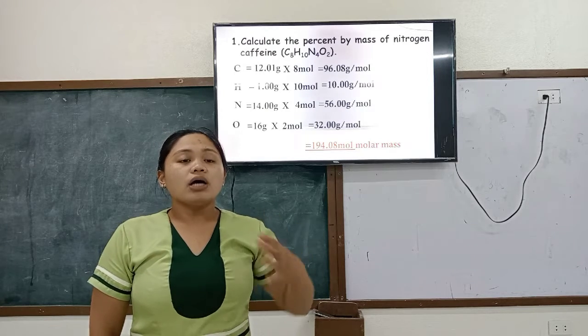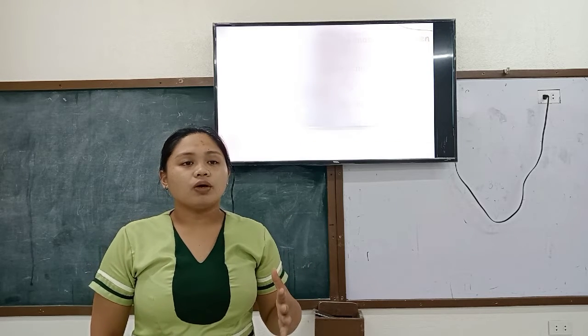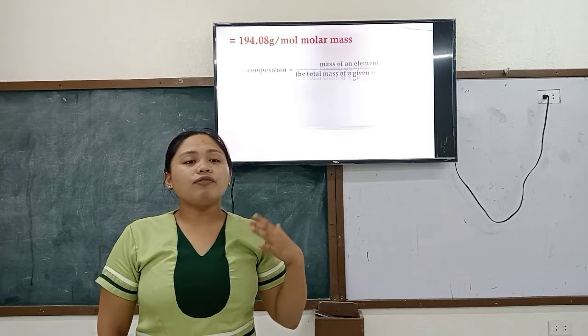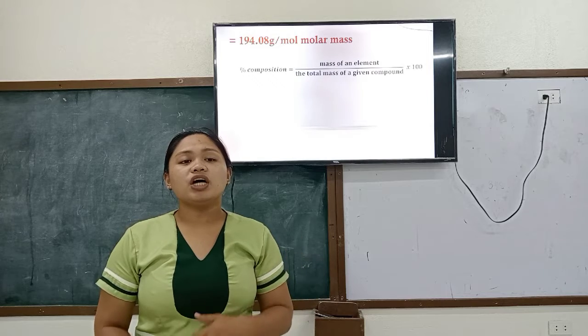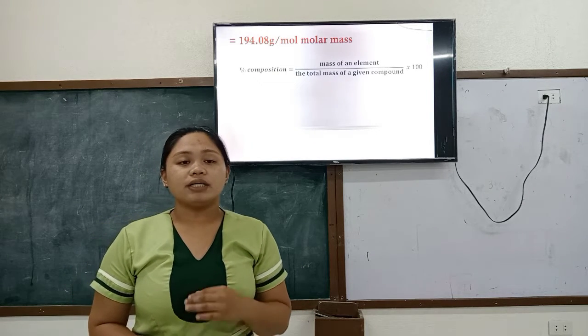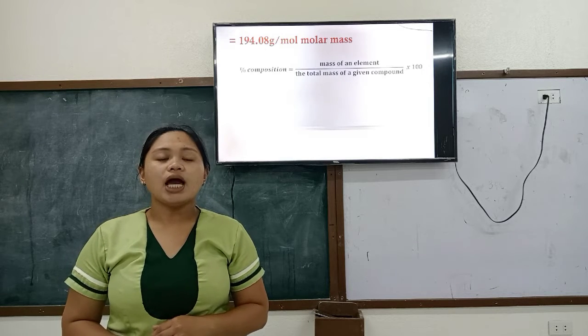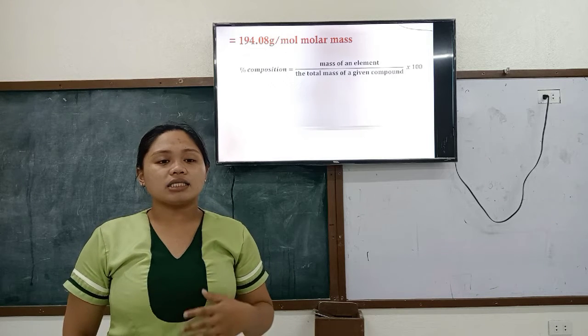Let us now substitute our given to the formula. Our formula is percent composition equals mass of an element over the total mass of a given compound times 100%. So let us now substitute, class.